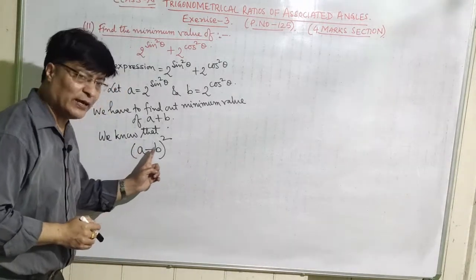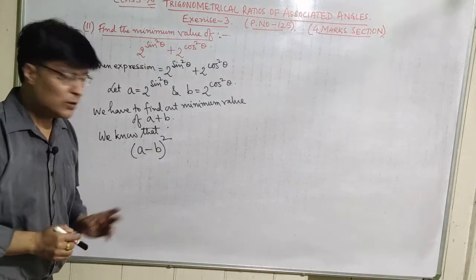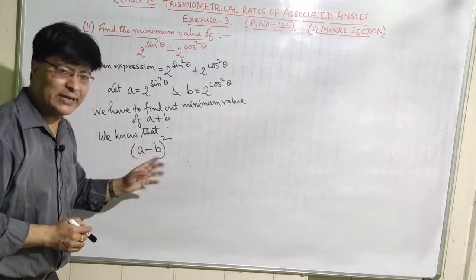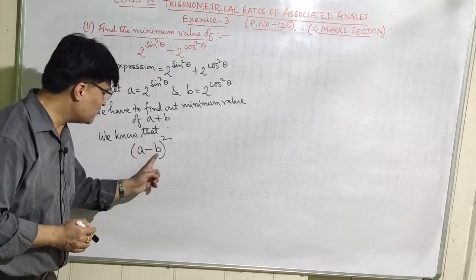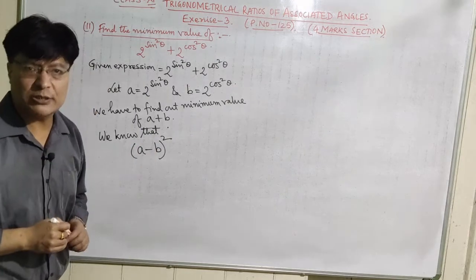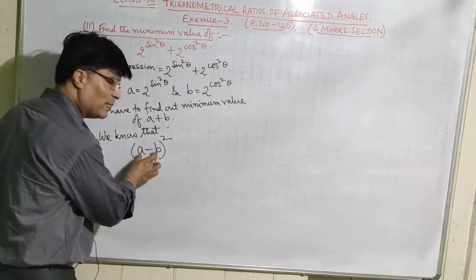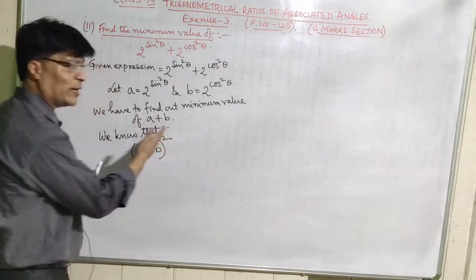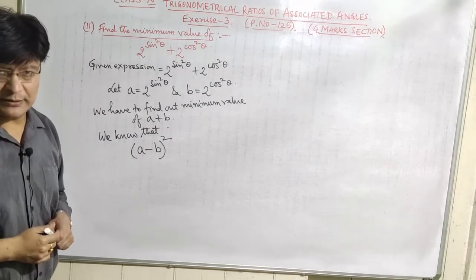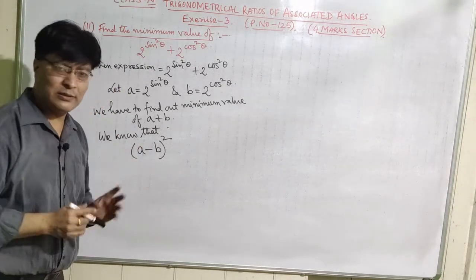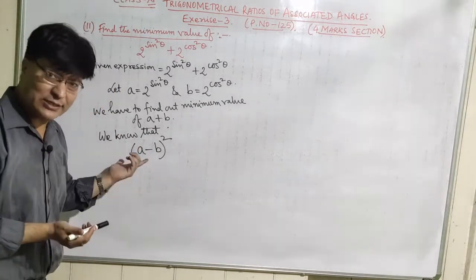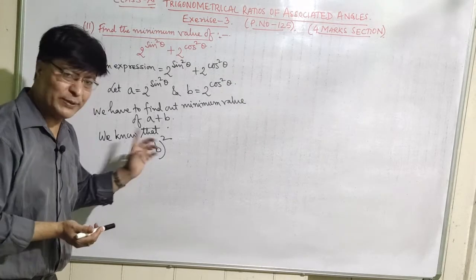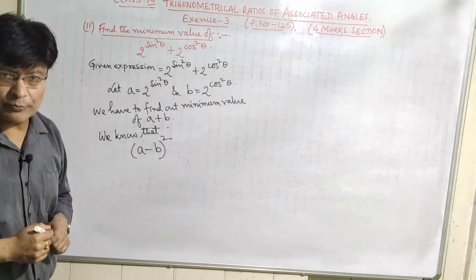Whatever may be the value of A, whatever may be the value of B, whether A is greater than B or A is less than B, A minus B whole square is always a positive quantity. A minus B may be positive, A minus B may be negative, but within whole square it is always a positive quantity. If they are equal, suppose A is equal to B, then it is 0. If A is equal to B, then A minus B will be 0.